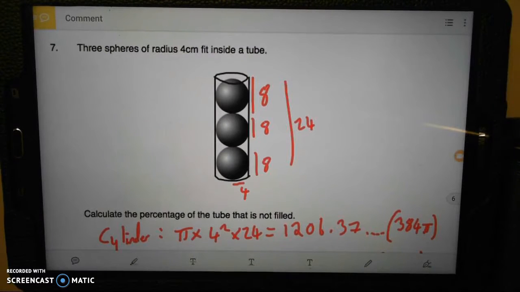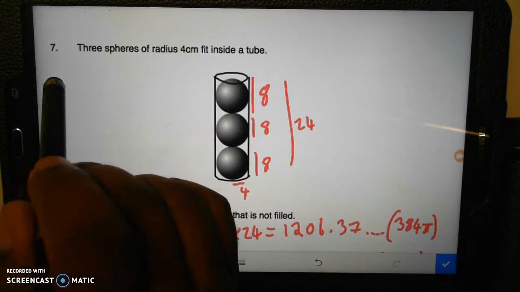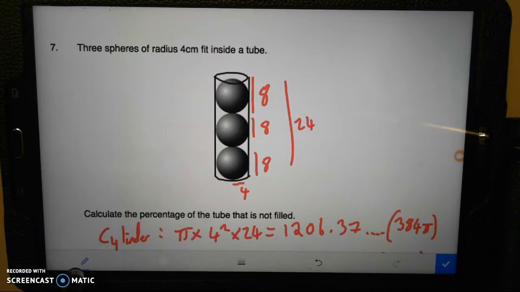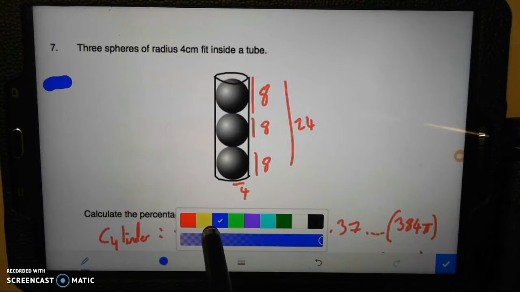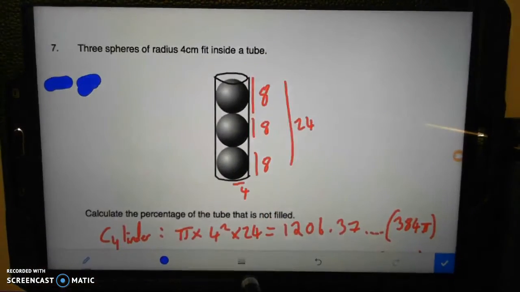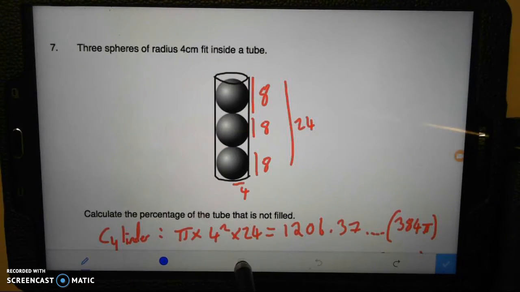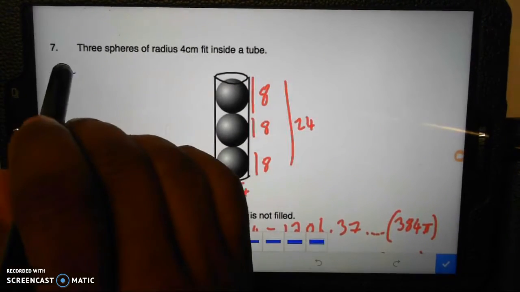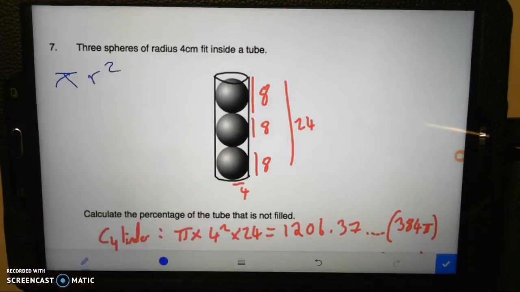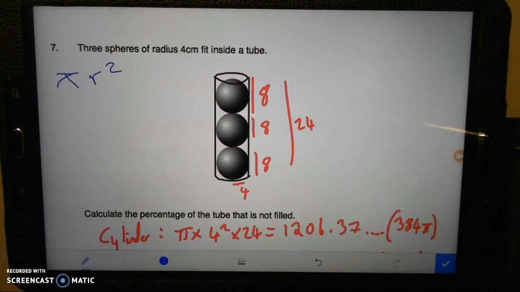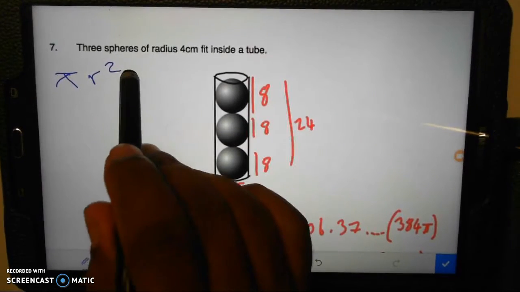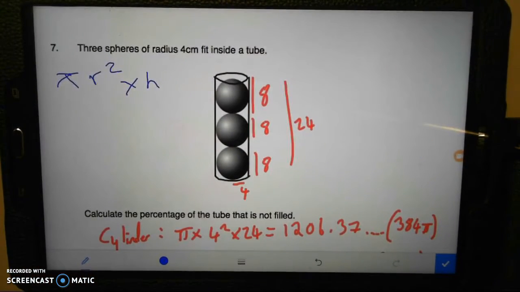So first of all, how do we work out the volume of the cylinder? Now remember, for the volume of the cylinder, first of all the area of the circle at the bottom, the base, is given by pi r squared, and then you times it by the height, and that's the volume of a cylinder.